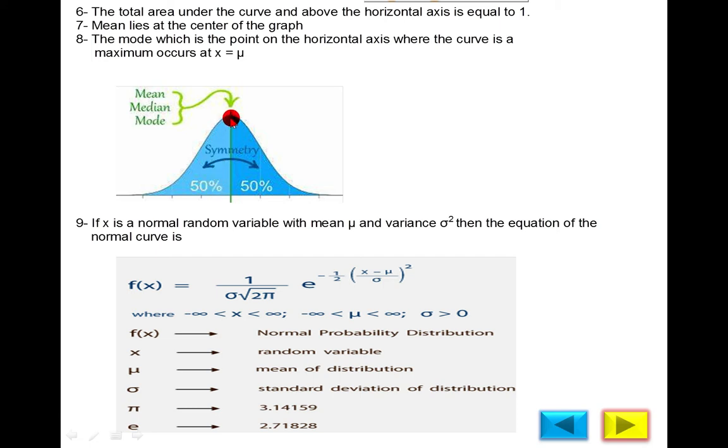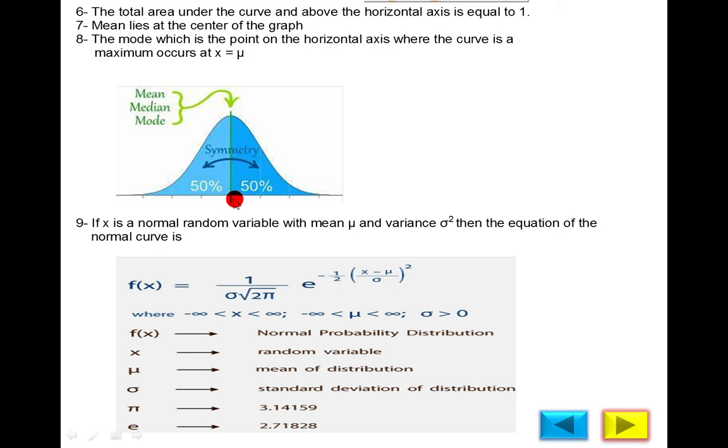So this indicates the highest point of the frequency. The mode is the value of x where the curve is the maximum, at x equal to mu, the mean.